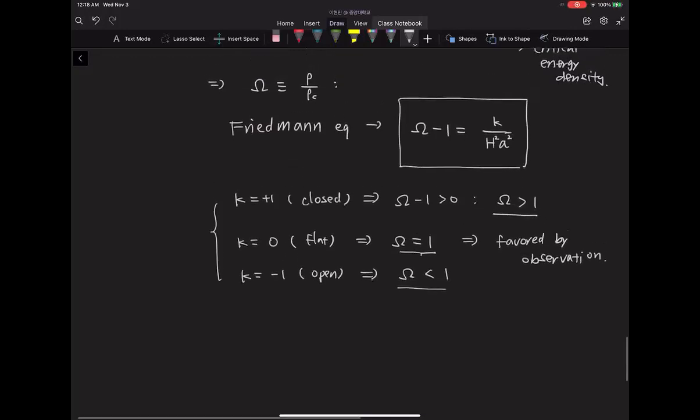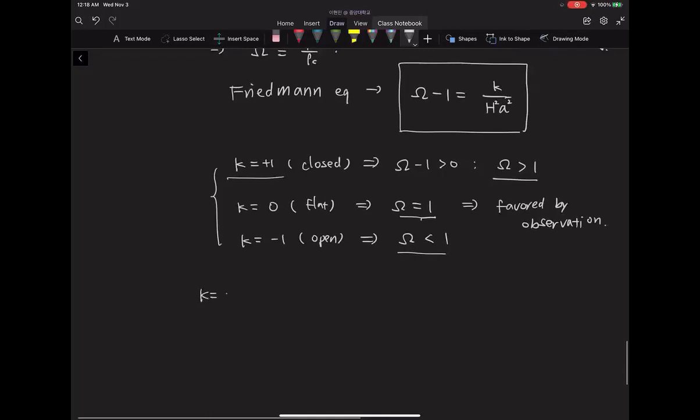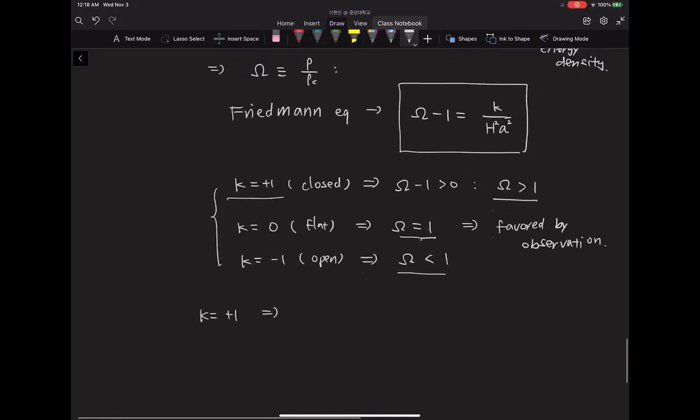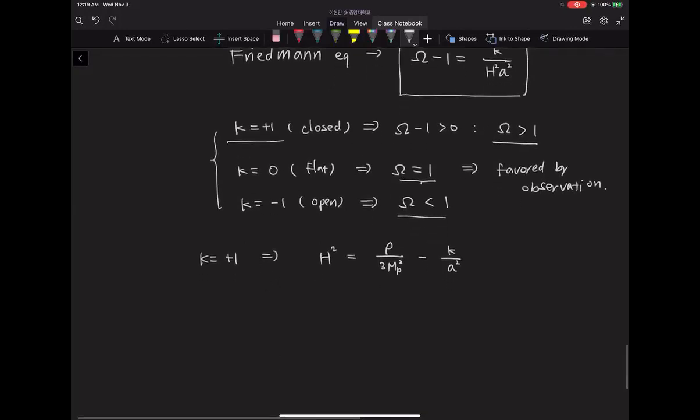So what if the universe has a positive curvature, k equal to plus 1? According to the Friedmann equation, if you move the curvature term to the right-hand side, you have this equation.